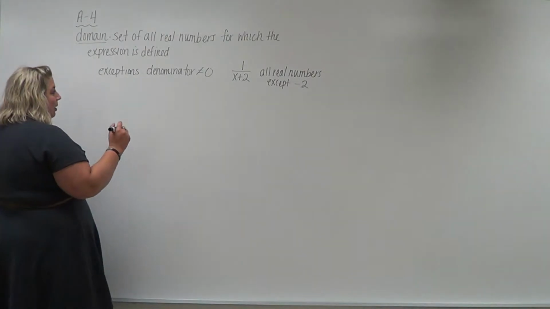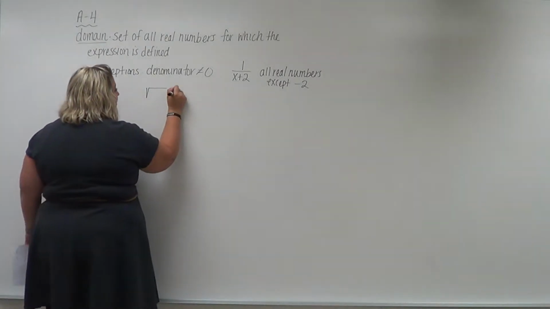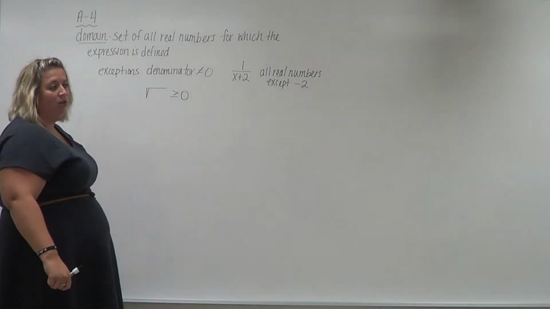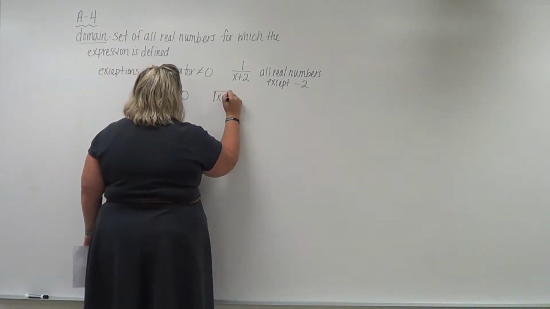Okay, your other exceptions are square roots have to be greater than or equal to 0. So let's say you're finding the domain of the square root of x plus 4.